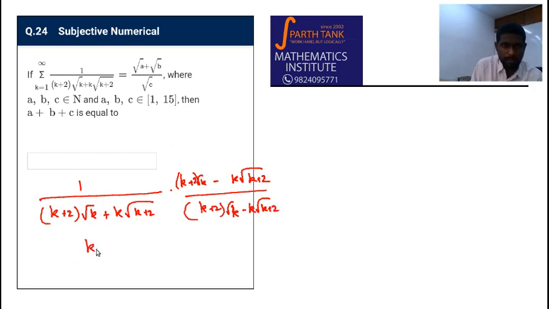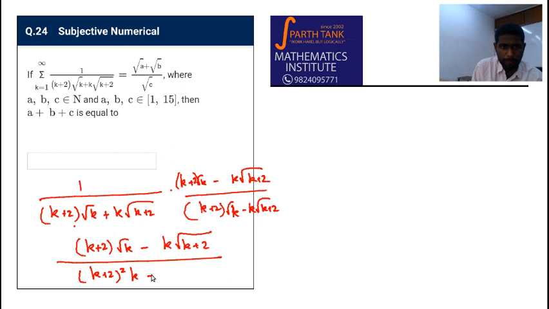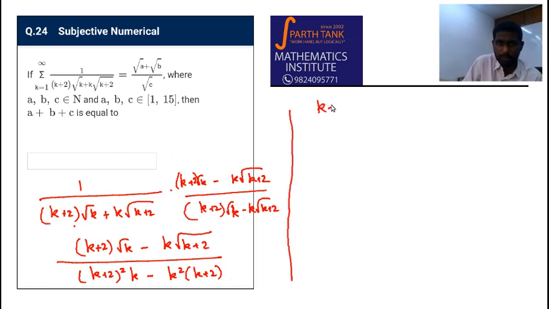Now what would this give me? This would give me k plus 2 times root k minus k into root of k plus 2. The denominator is a squared minus b squared. So this squared is k plus 2 the whole squared into k minus this. So k squared into k plus 2. So this becomes in the numerator k plus 2 root k minus k root of k plus 2 upon k squared plus 4 and all, right?